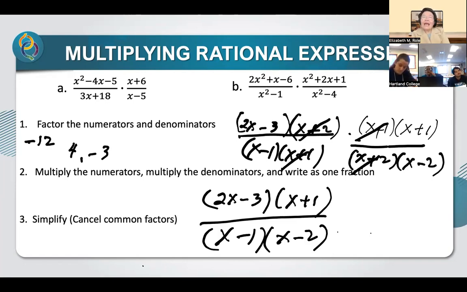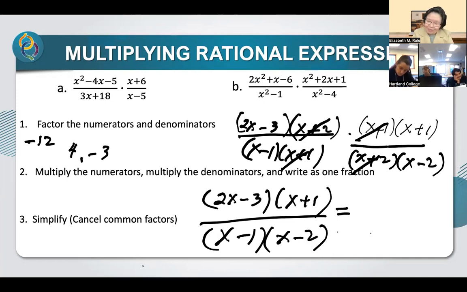But I would want you to leave your answer in the factored form. So that's it. So 2x minus 3 times x plus 1. Okay, anyway, just practicing our multiplying polynomials. If in case we want to multiply, what is 2x minus 3 times x plus 1 for the practice?